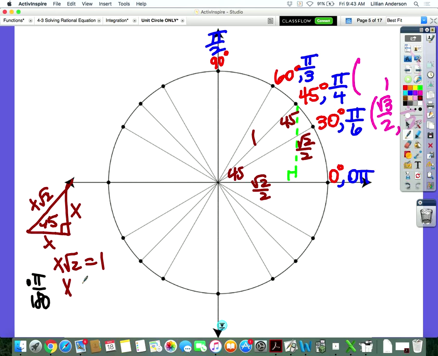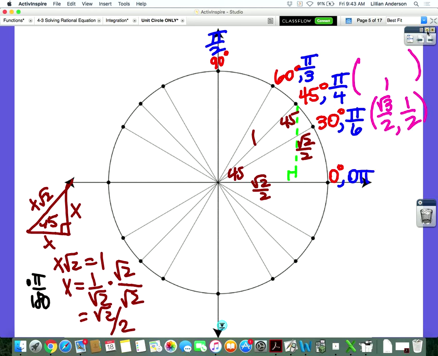Divide both sides by the square root of 2. And back from your algebra 2 days, can you have a square root on the bottom? No. How do you get rid of it? Multiply by itself. Multiply everything by the square root of 2. The denominator, when you do that, you'll get the square root of 2 over the square root of 4, which is just 2. And that's where that came from, in case you were wondering.